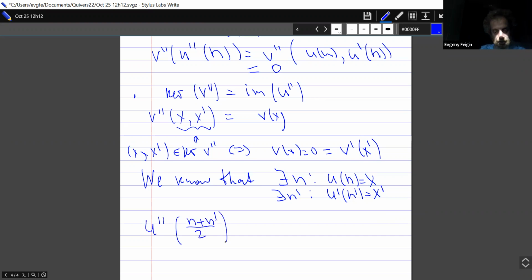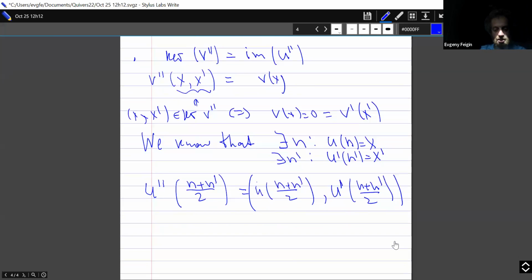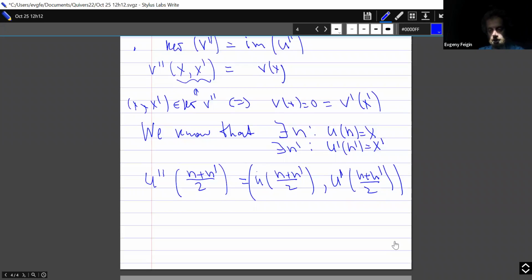So by definition, this is u of n plus n prime over 2 and u prime of n plus n prime over 2. And we actually want this element to be equal to x prime modulo the subspace we quotient by. So let us compare this.